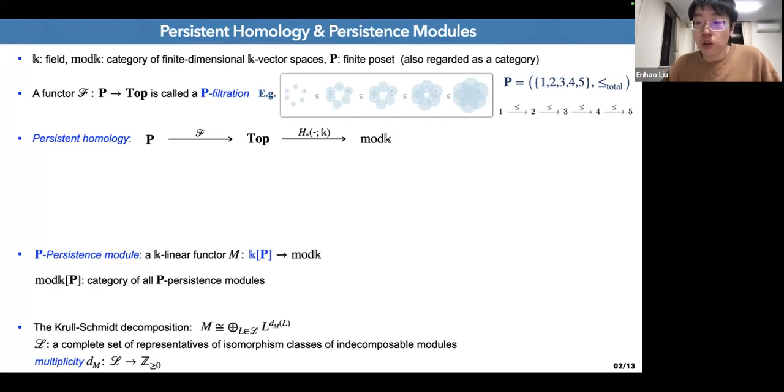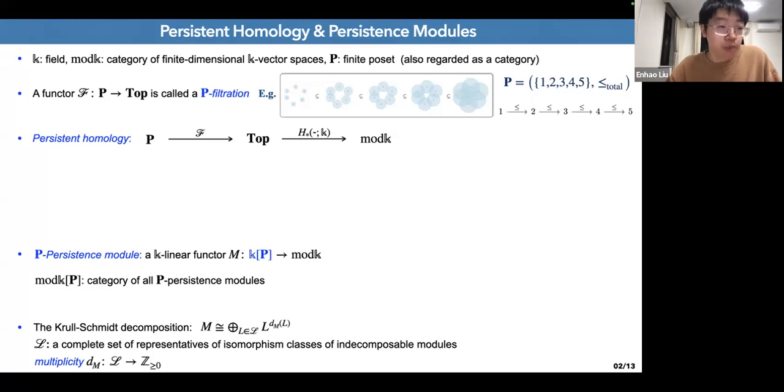In this talk, we always visualize a finite poset by the directed Hasse diagram, or sometimes we call it the Hasse quiver. It's just a Hasse diagram of a poset, but we give an orientation to each arrow, always from the smaller element to the larger element.